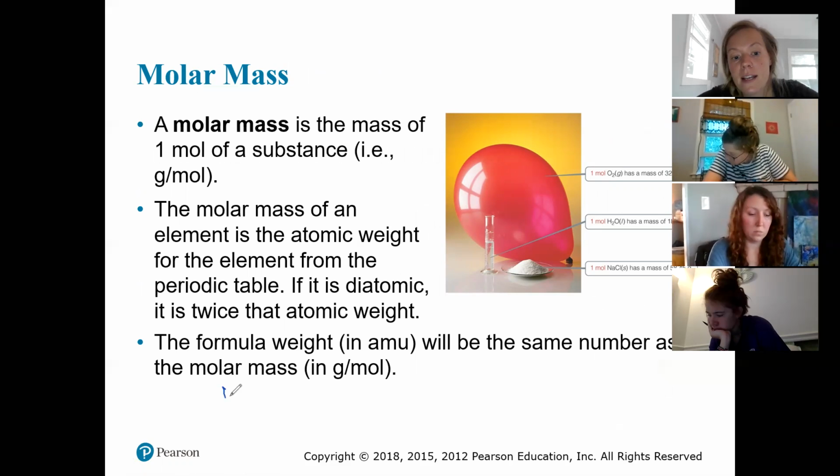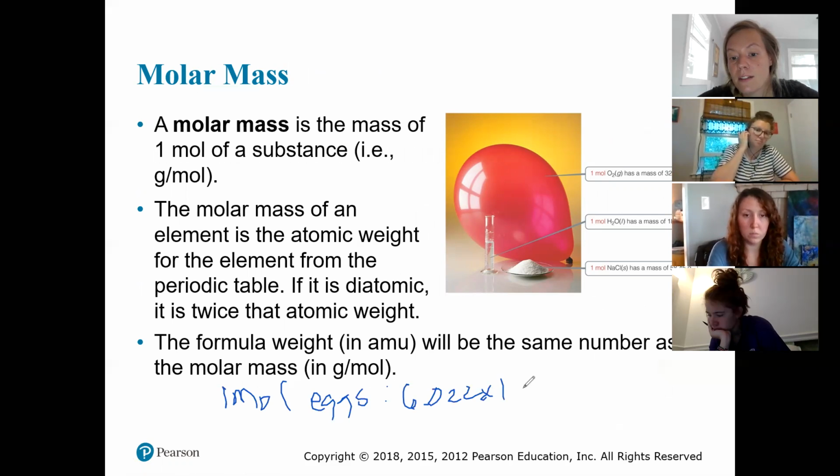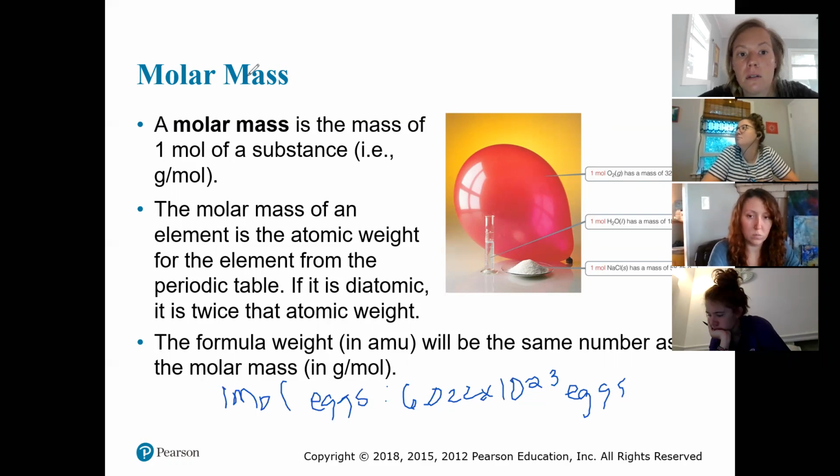If I said I had 1 mole of eggs, it would be equivalent to 6.022 times 10 to the 23rd eggs, or individual pieces. So it's the simplest identifiable thing you can break it down into. If you have water, the simplest thing you can break it down into and still be water would be the molecule. Am I good, Brittany? Okay.